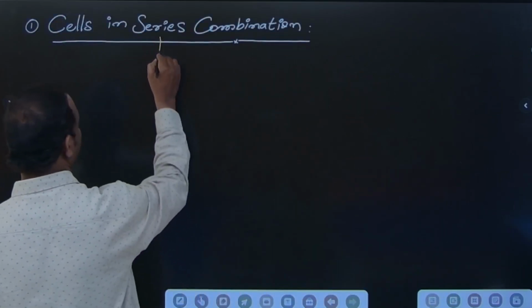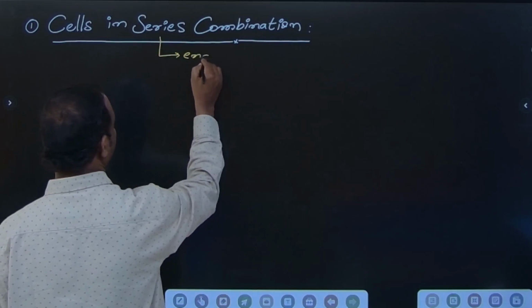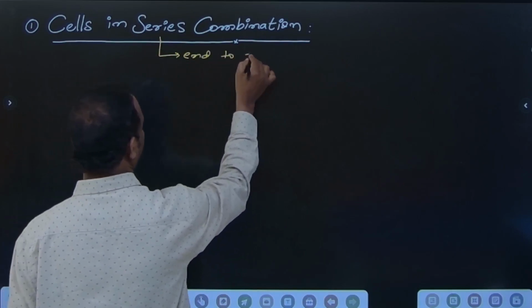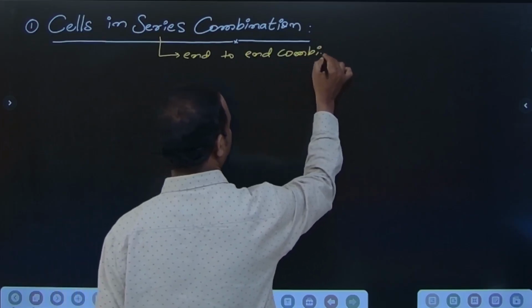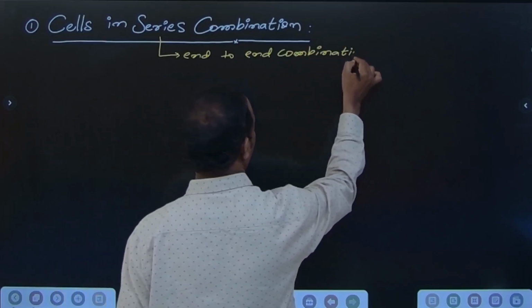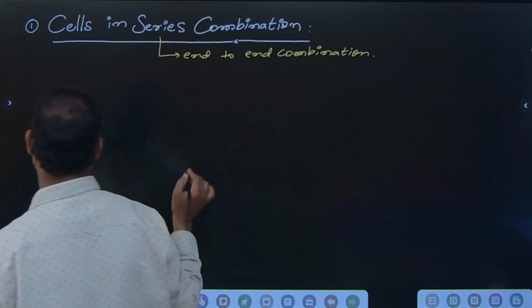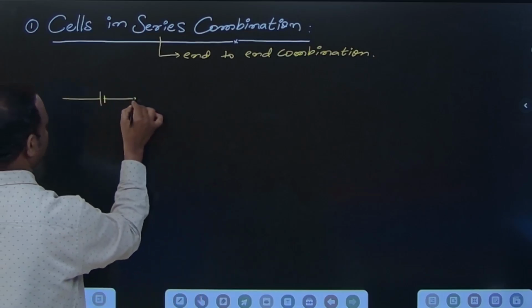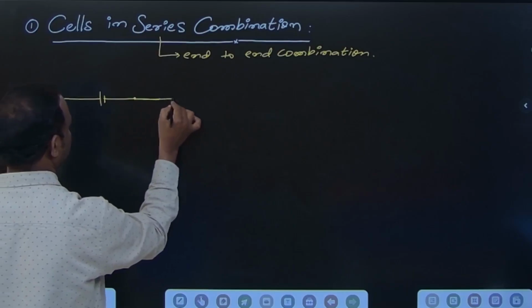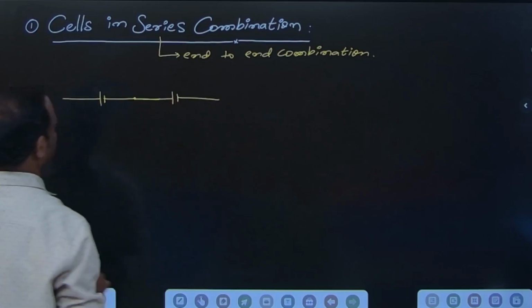Series combination means end to end combination. Now when I'm choosing two cells, the first cell is this and the second cell is this, and they are connected end to end.